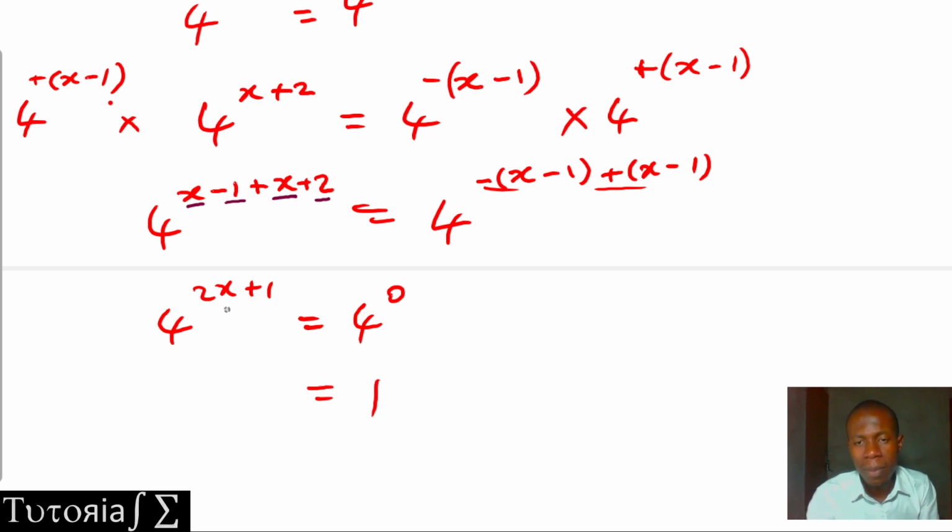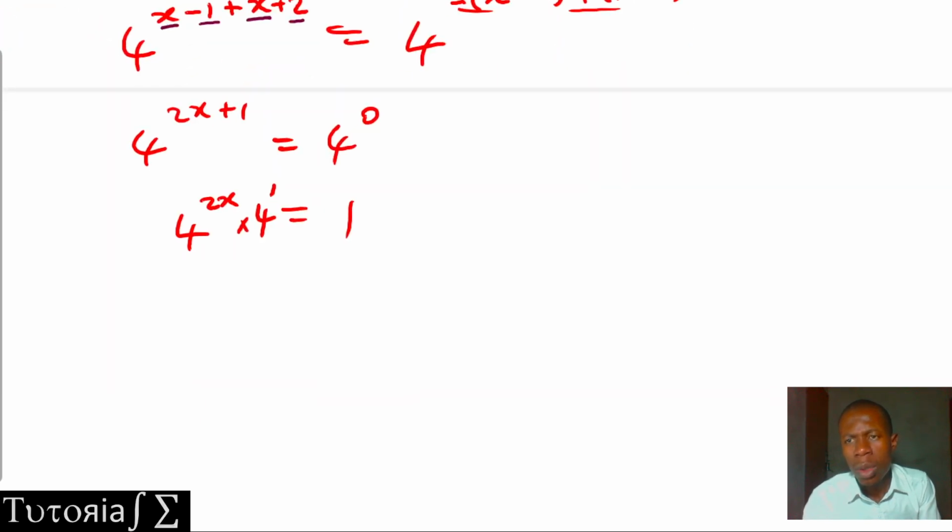Then here, we can leave it like that, or we can simply write it as 4 to the power 2x. Since the powers are adding here, we can say times 4 to the power 1, so that we show that bases were multiplying. Maybe we can further simplify, so let's further simplify.